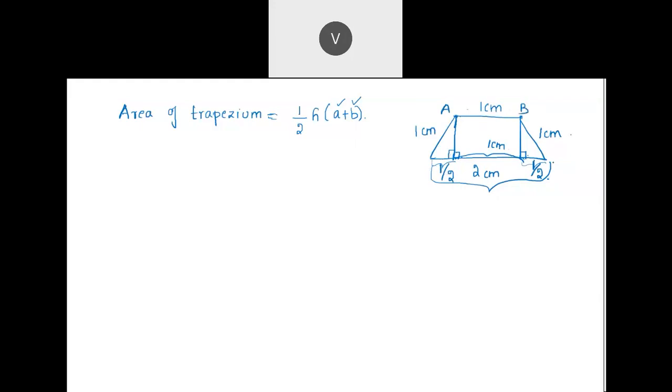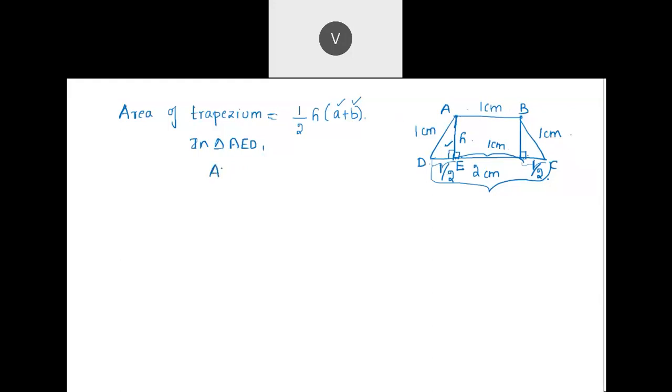Here ABCD is a trapezium and AE is the height. In triangle AED, this is a right angle triangle. Apply Pythagoras. Which is the hypotenuse side in this triangle?